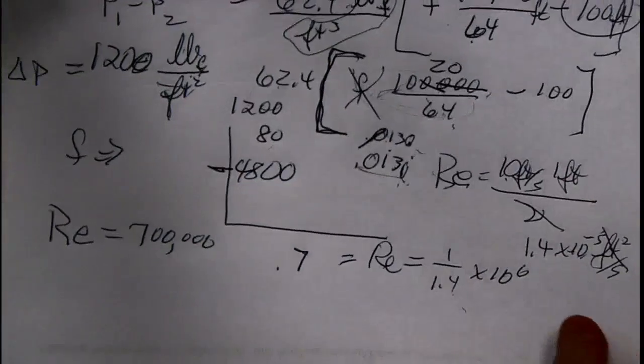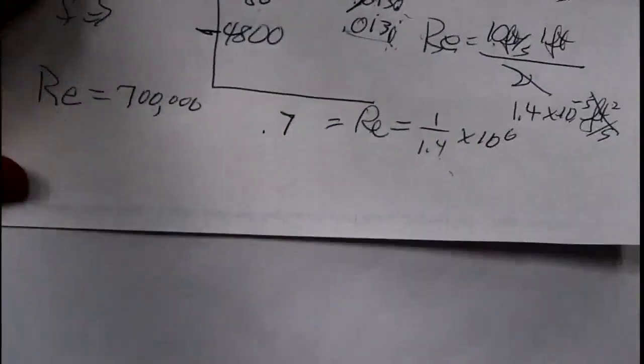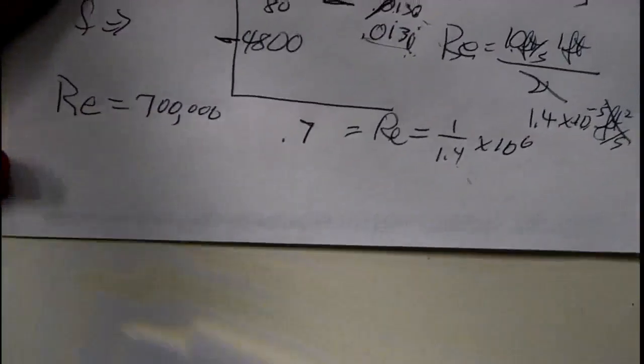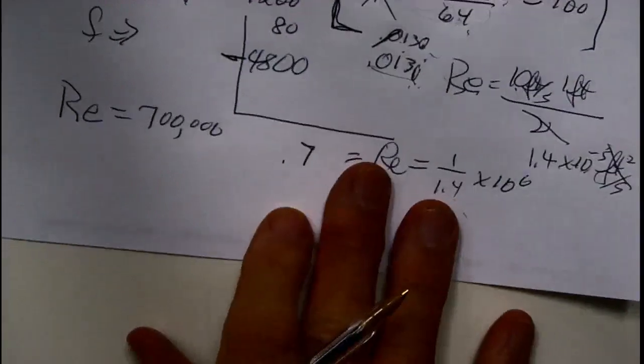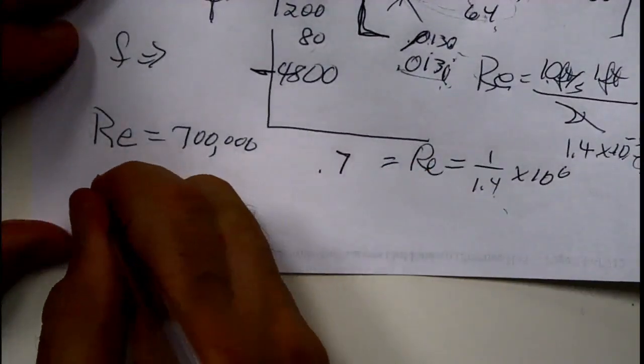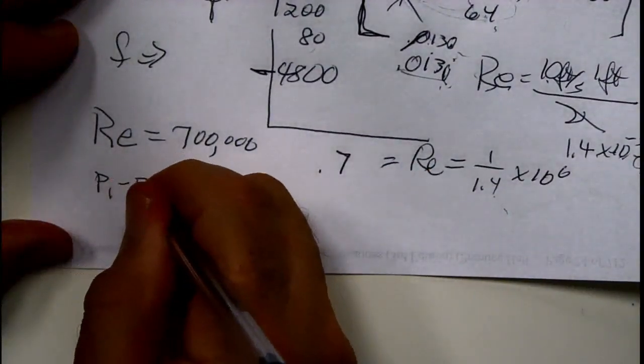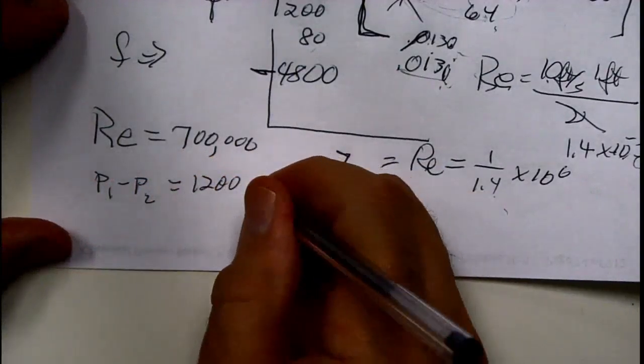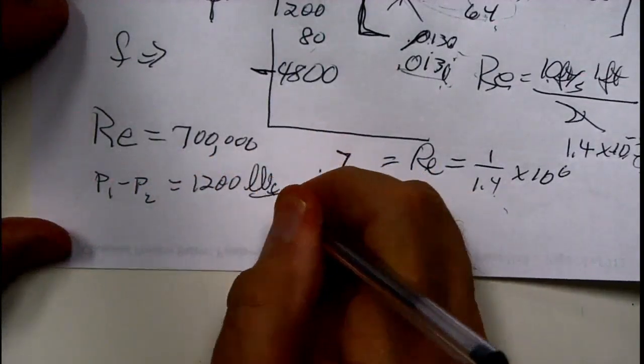In one case, let's go look at the 2 cases I have. Without the pump, if I do a summary here, without the pump, I don't need this, P1 minus P2 is 1,200 pounds force per square foot.